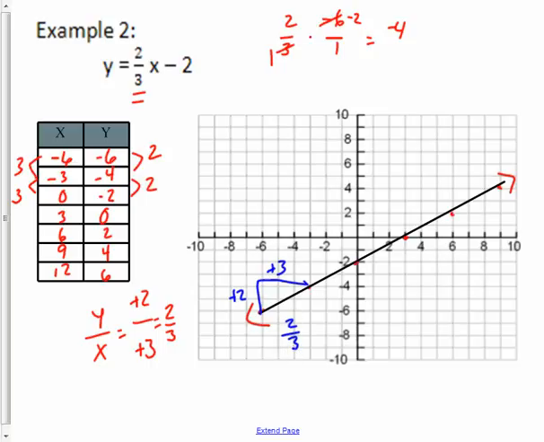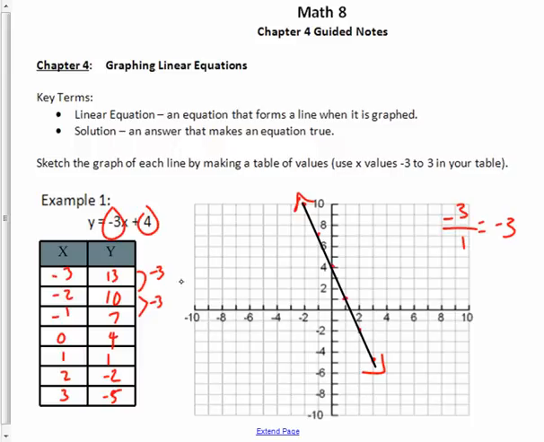And then notice that other number. This is a -2 or a -2. Look where it crosses the y-axis. Again, it crosses at -2. This graph is increasing because we have a positive coefficient. So again, looking back here, we had a -3, so it was going down 1, 2, 3, and over 1.